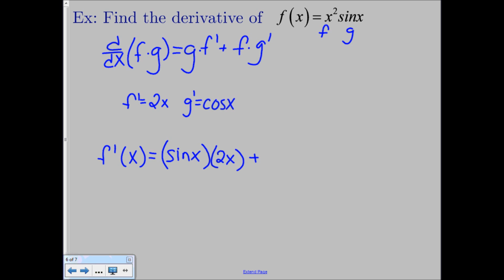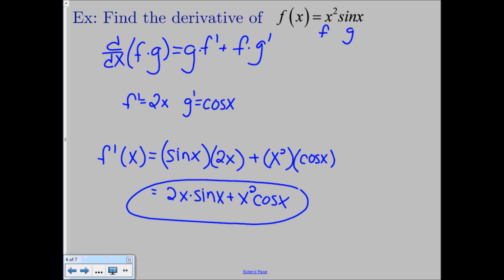Plus f, so we got x squared times the derivative of g, which was cosine of x. Okay, so now we'll just maybe rewrite the term a little bit to make it a little more organized, neater to look at. So our derivative is going to be 2x times the sine of x plus x squared cosine of x.